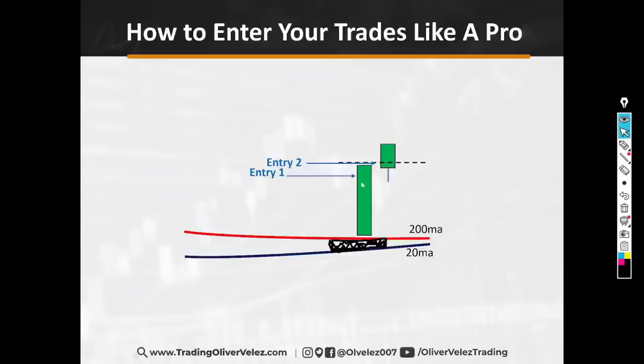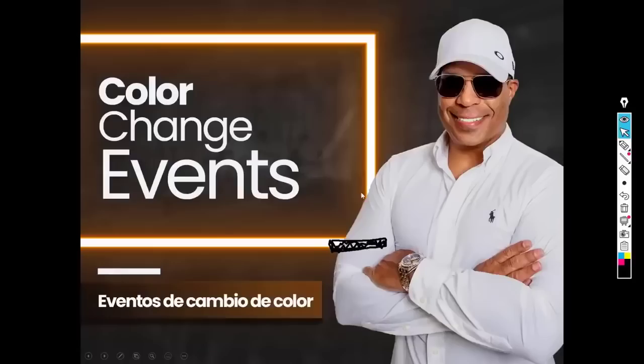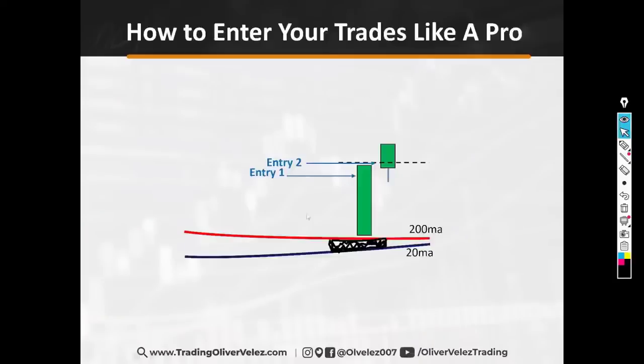Also, if the first bar doesn't quite make it to that more than normal, if it stays normal, then you can enter above the high of a normal bar. So let's assume that this bar is actually normal.